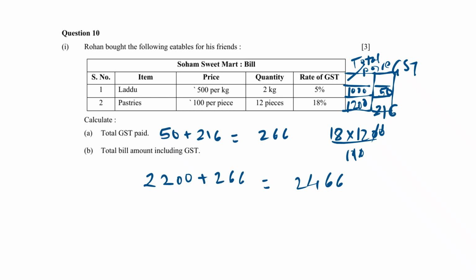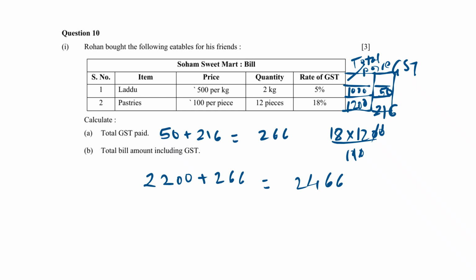Now Rohan bought the following eatables for his friends. 50 kg at 20 per kg. Calculate the total price, 1000 rupees. Apply GST on it the same way. 100 pieces at 12 each, so 1200, 18% GST. Calculate total GST is 50 plus 216.